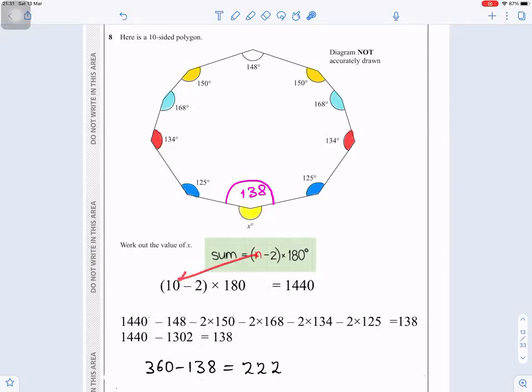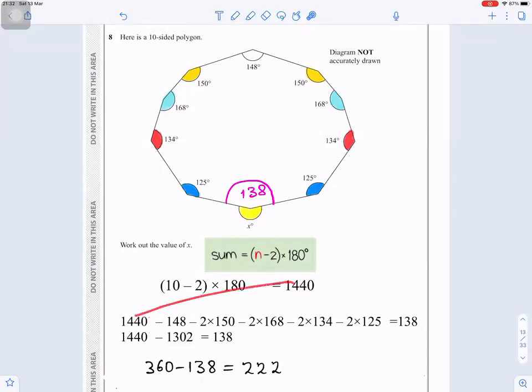So n is 10. 10 minus 2 is 8. 8 times 180 gives you 1,440. So the total angle inside is 1,440. But we know 9 of them. We need to find the missing one. So it will be 1,440 minus the other 9 angles. But if you notice, some of them are double.